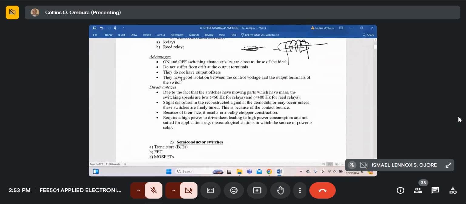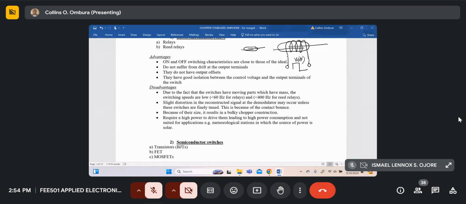Also, they've got good isolation between the control voltage and the output terminals. So like in this one, which I've drawn over here, VC of T will be connected between these 2 points. This is here VC of T. And none of that voltage can appear at the output of the switch.